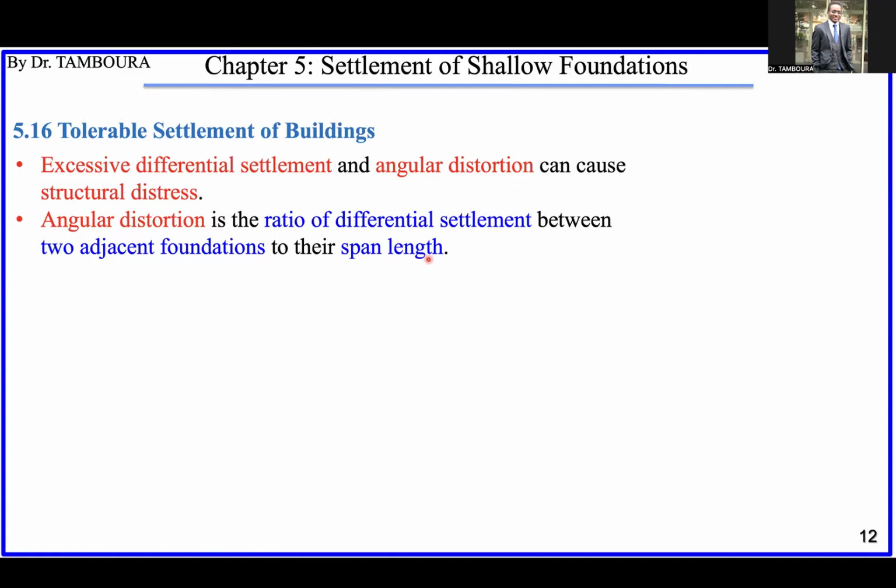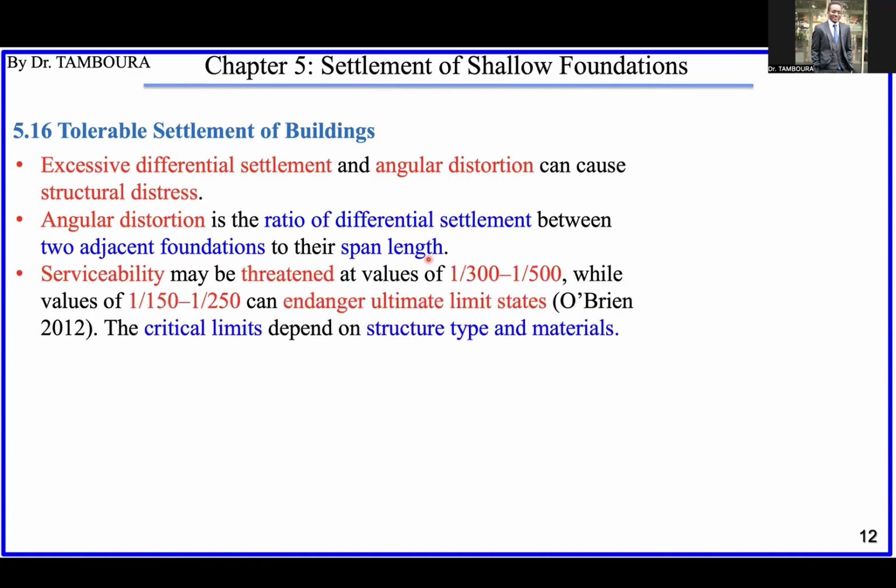Okay, it means if you do the ratio, the difference in settlement divided by the distance between the two columns, the two footings.